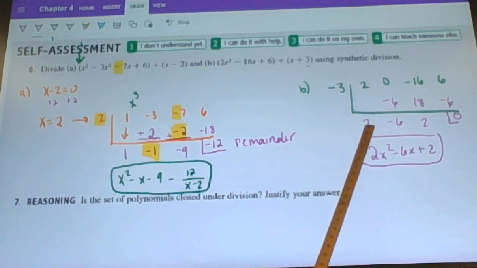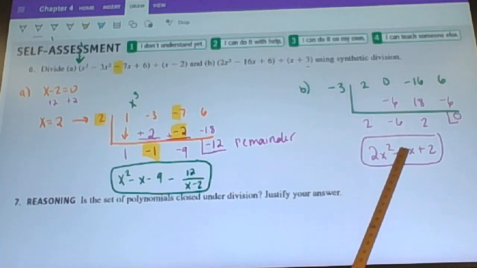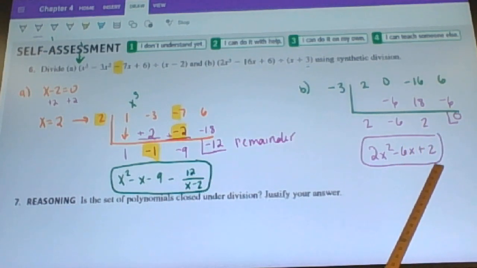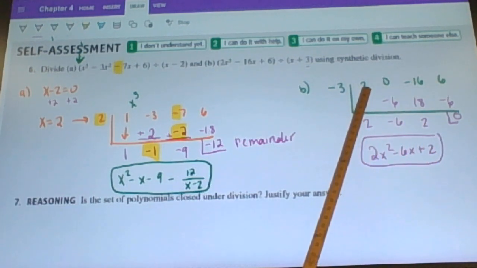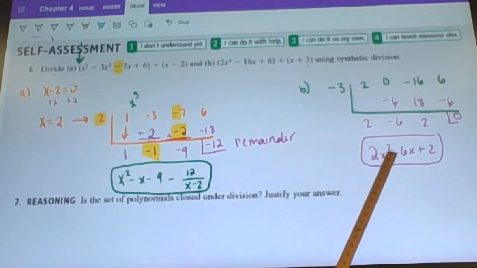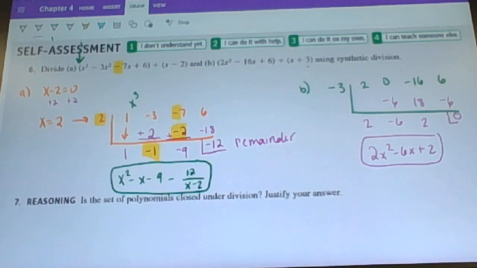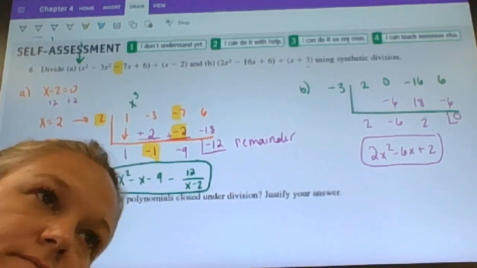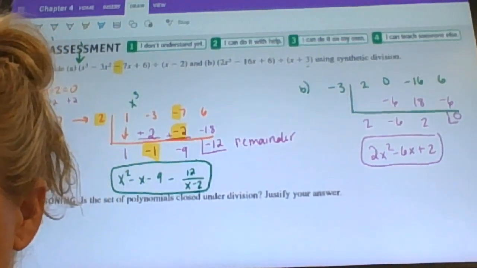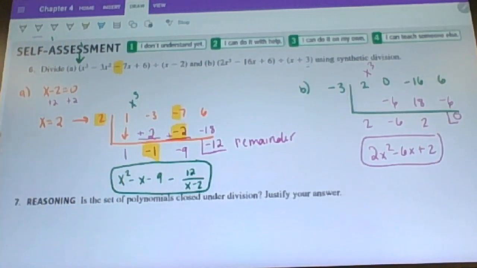You see the 2, the -6, and the 2? Now, the exponent here is always 1 less than here. For all of them, it goes in order. So this was x to the 3rd.